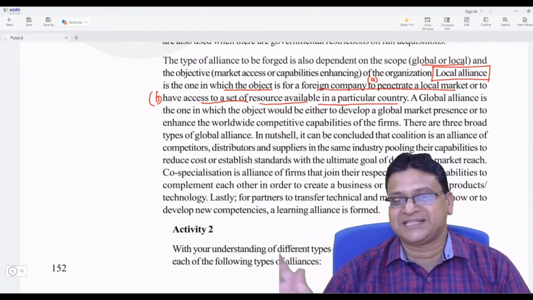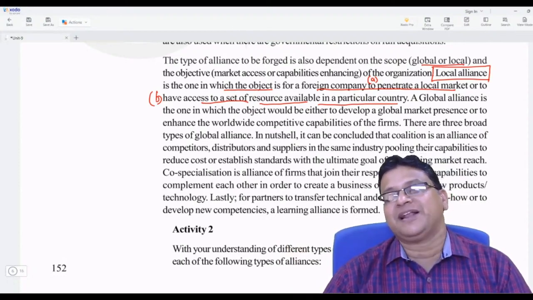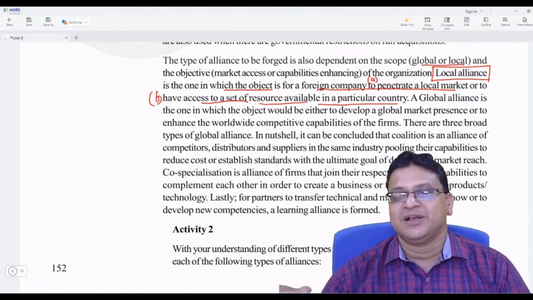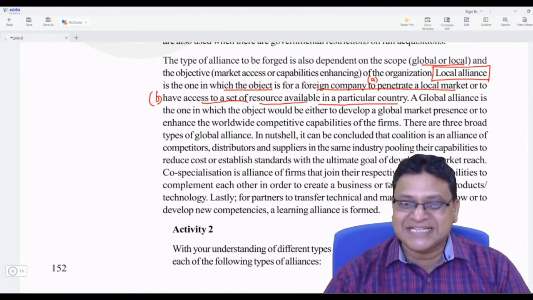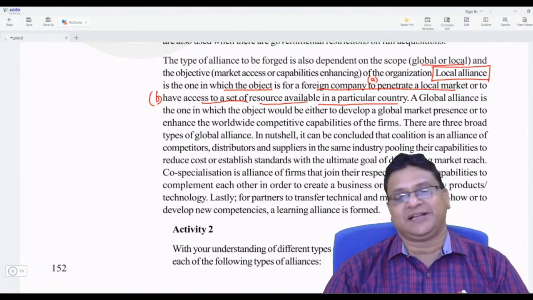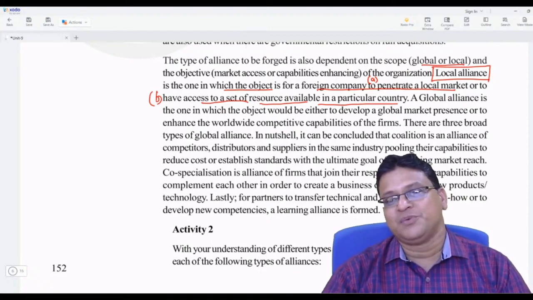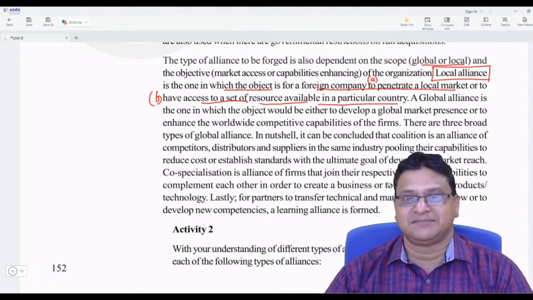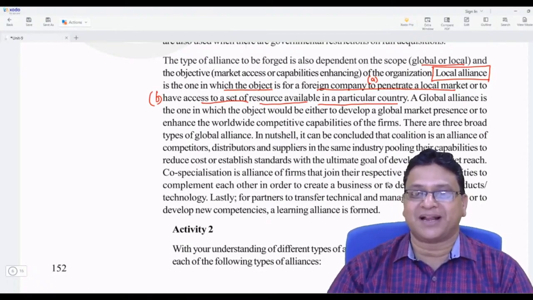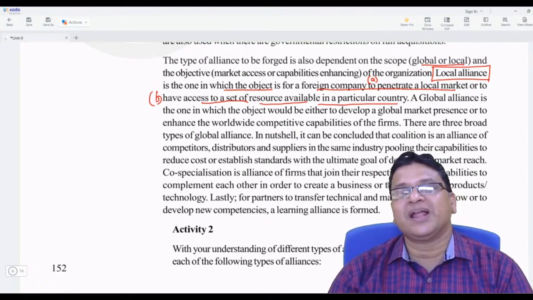Let's say POSCO makes an alliance with OMC to supply raw materials to POSCO. It is known as local alliance to have access to a set of resources available in a particular country. Walmart wants to make an alliance with Flipkart. What is the objective? To penetrate into the Indian online market, that is known as local alliance.